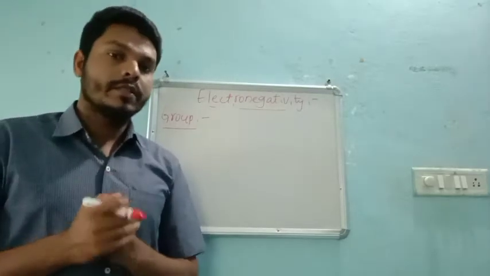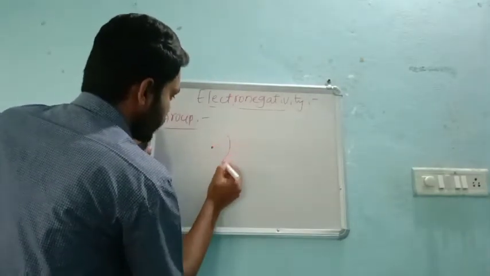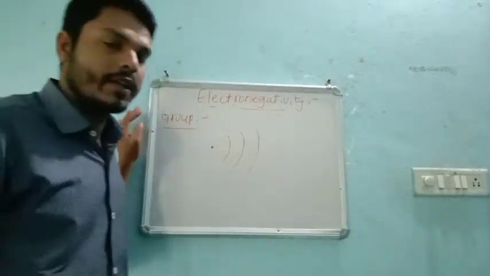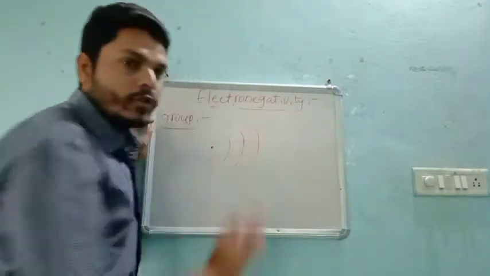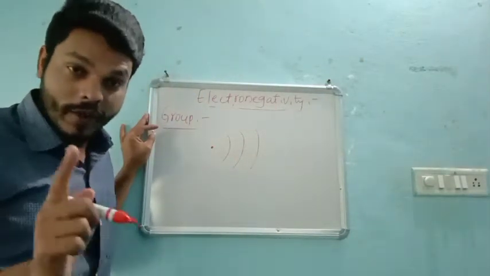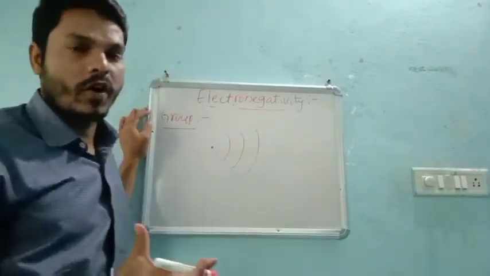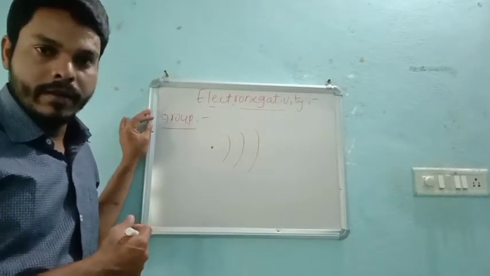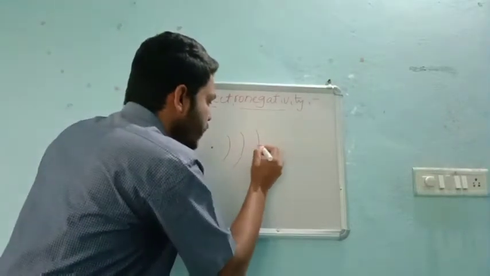Dear students, in the last class, the ionization energy class, what we saw: if the atomic radius is increasing, when there is a large size or the atomic radius is big in the element, then from that element we can easily remove the electron.